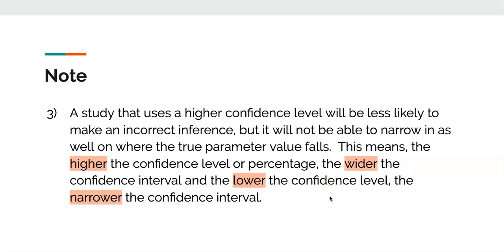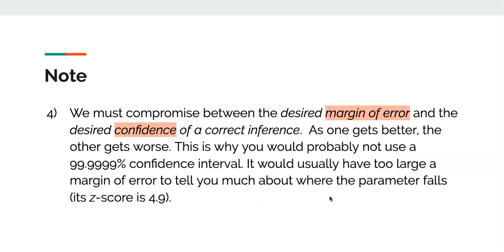Okay, so the 95% confidence interval is not as confident as the 99%, but it's narrower. And a narrower confidence interval is a good thing, because that means the margin of error is small. So there's a compromise. We must compromise between the desired margin of error and the desired confidence of a correct inference. As one gets better, the other gets worse. You see what I mean?